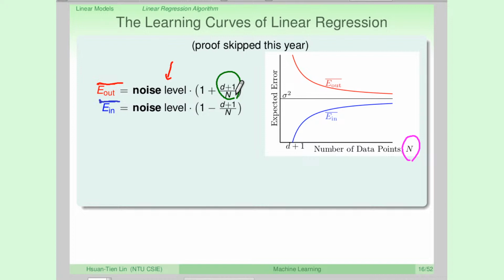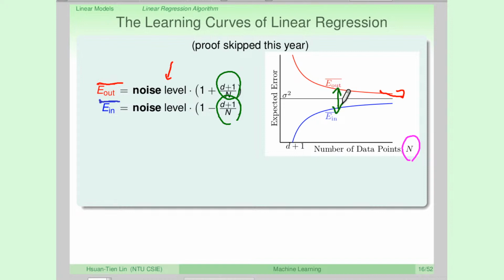On the other hand, E in is a bit lower than the noise level, meaning it's 1 minus d plus 1 over n. So if you plot it into curves here, the curve for E in is basically growing to the noise level, and the curve of E out is decreasing to the noise level as you get more and more examples.